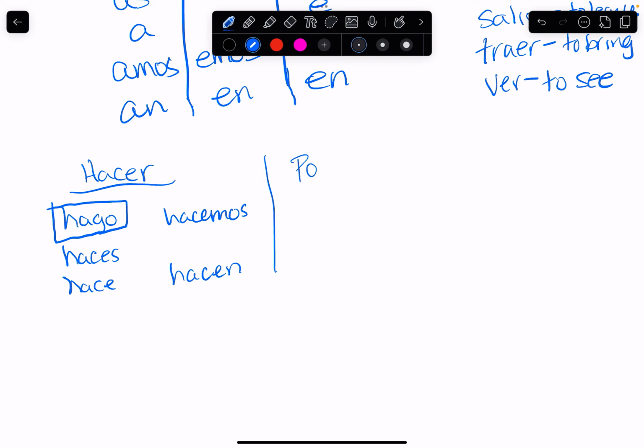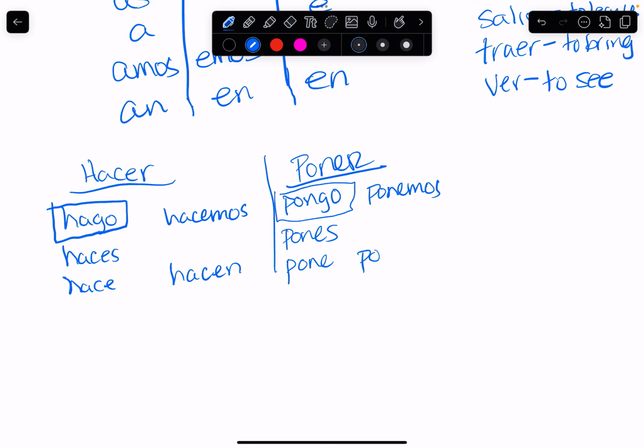The same with poner: your irregular verb is pongo, and then the rest are pretty much the same. So pones, pone, ponemos, ponen. Okay, then you have salir.